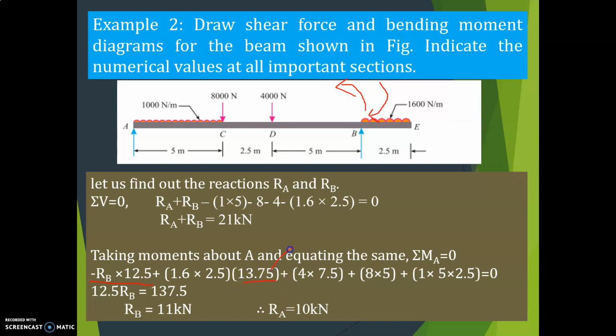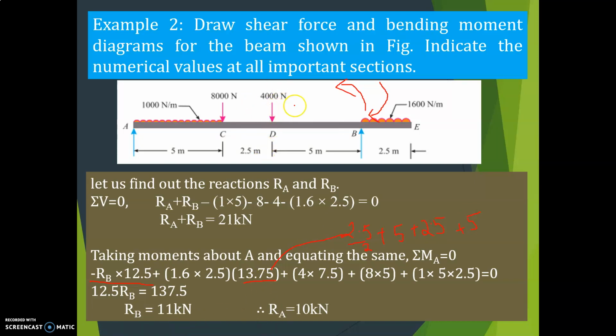I hope all of you understood how this is 13.75, because 2.5 divided by 2, plus 5, plus 2.5, plus 5, that is equal to 13.75.